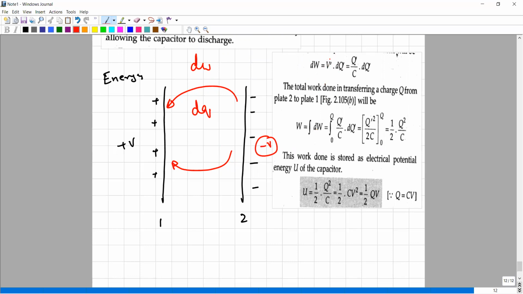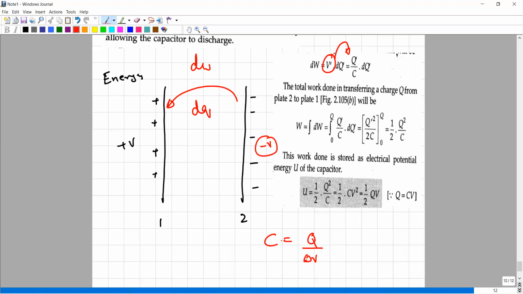Now the V, the potential at that condition, is also dependent upon the charge accumulated. What is the potential difference between these two plates? It will be equal to the charge on the plate divided by the capacitance. This we have done in the previous topics as well, that capacitance is equal to the charge over the potential difference.